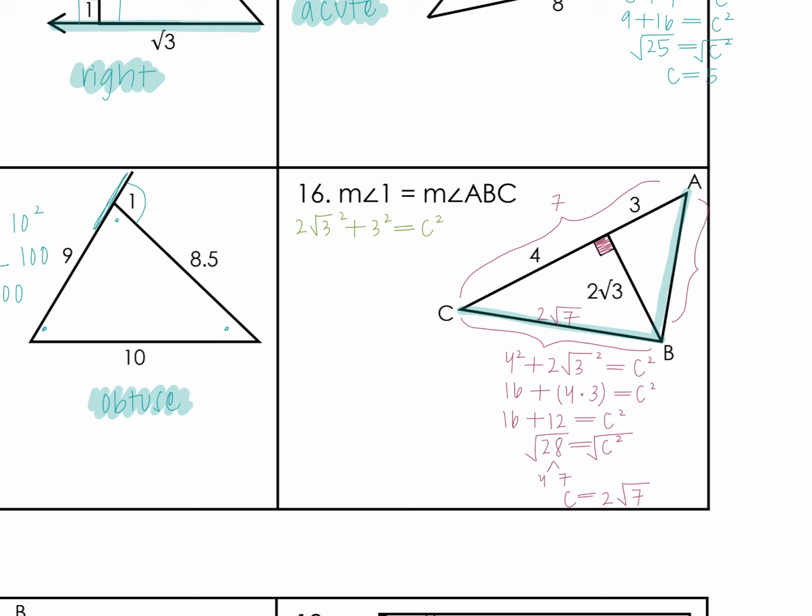Okay, so 2 root 3 squared, remember we said that that's going to be that 12, plus the 3 squared gives me 9. And so 12 plus that 9 is going to give me 21. So when I square root both sides, I'm going to get that my c is equal to root 21.